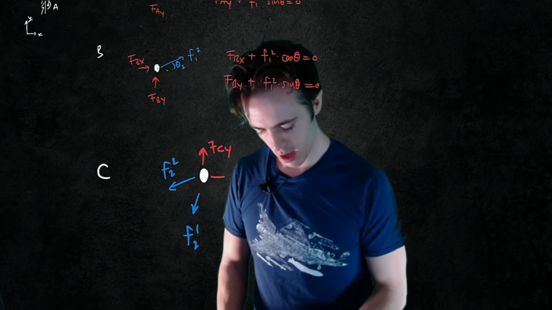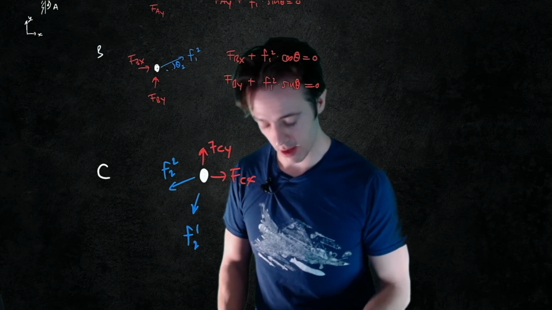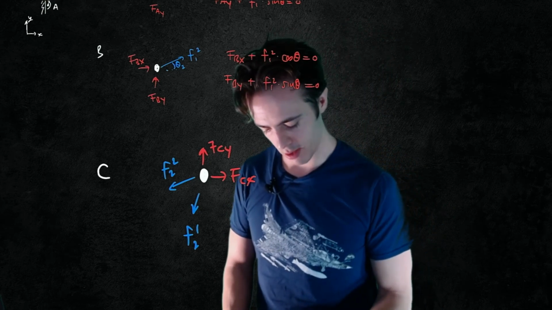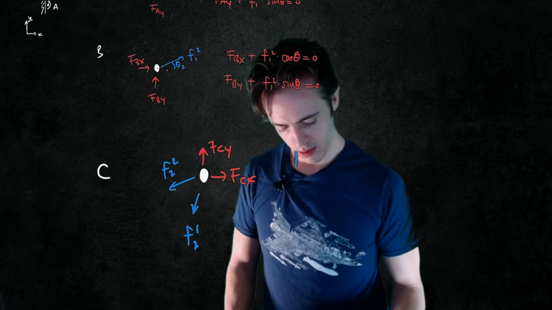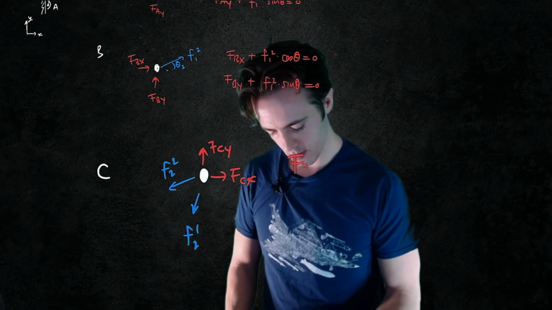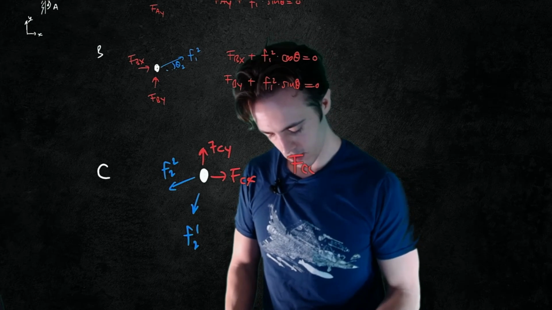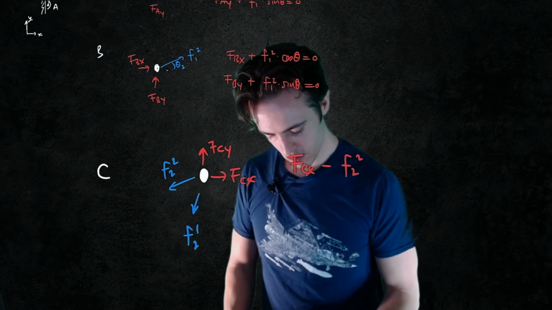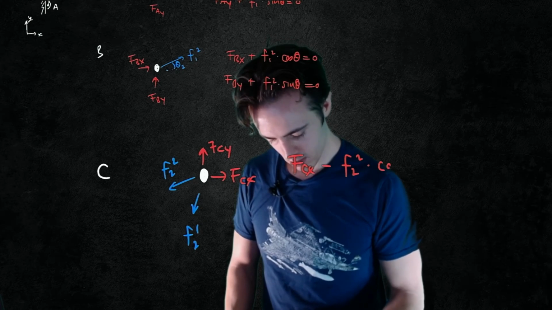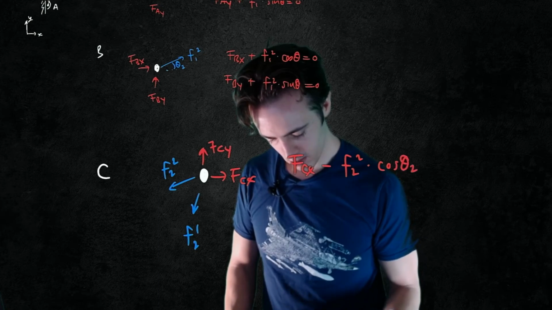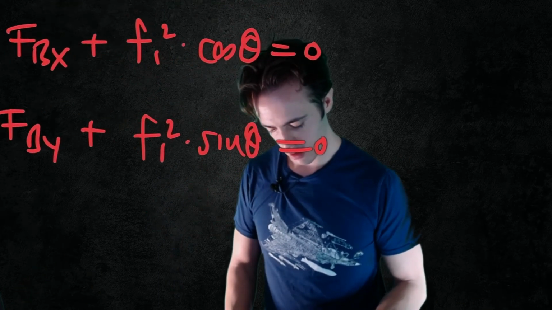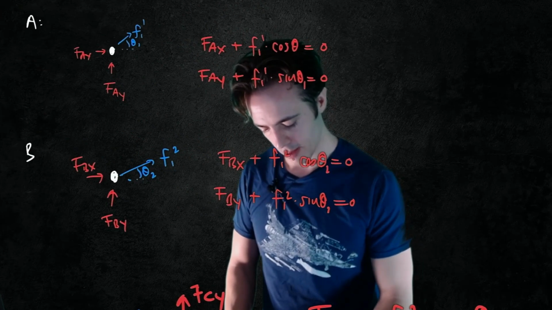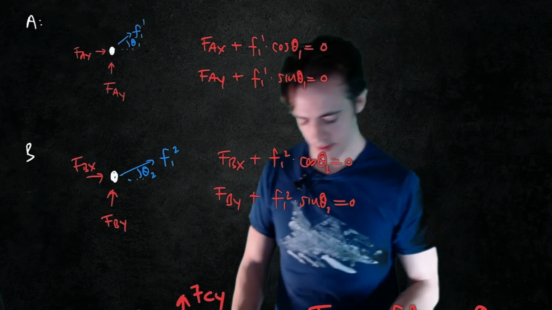But I'm going to draw these general forces on here, FCX and FCY. These are the forces that must be apparent on this object. I should have had little subscript 2's in here. Sorry, that's theta 2 corresponding to element 2 and theta 1 corresponding to element 1.